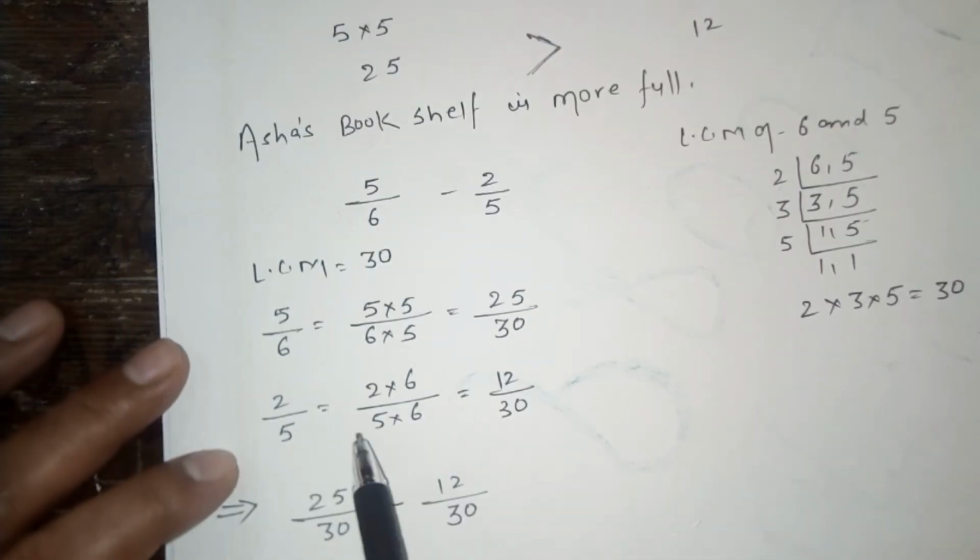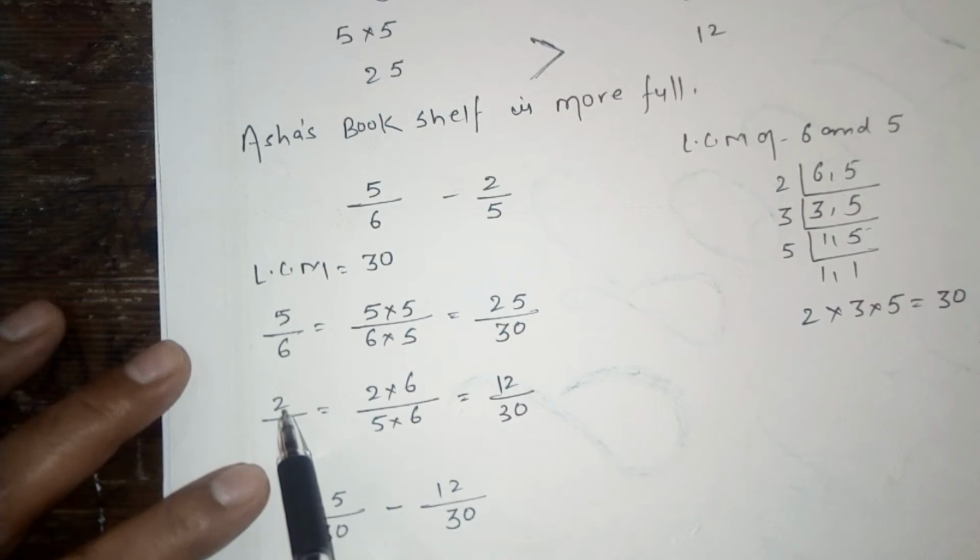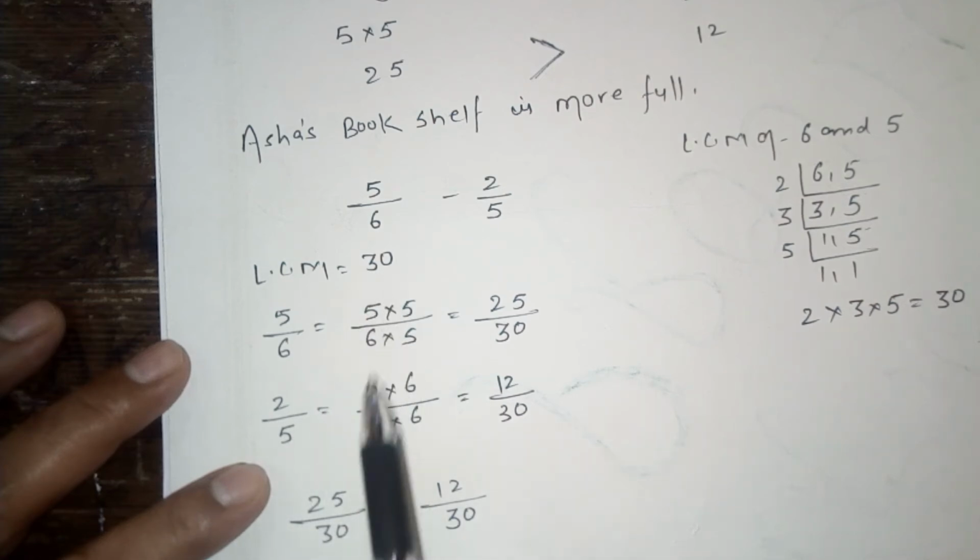Then after, your next fraction is 2 upon 5. In 2 upon 5, 2 is the numerator and 5 is the denominator, and the denominator 5 is converted to 30. How?